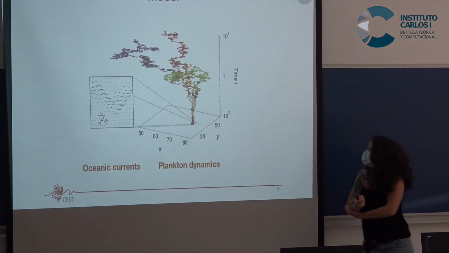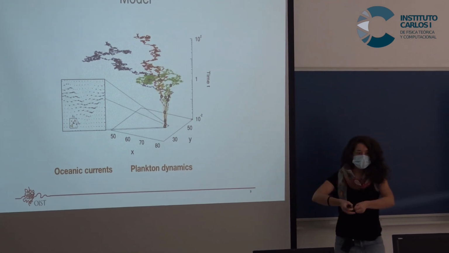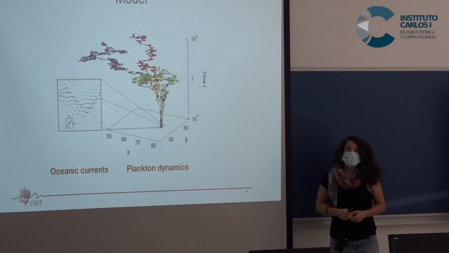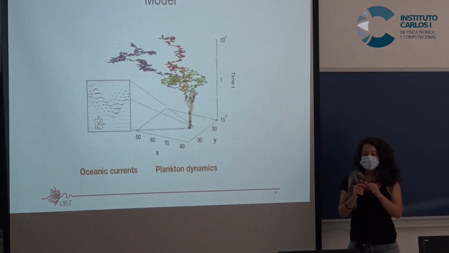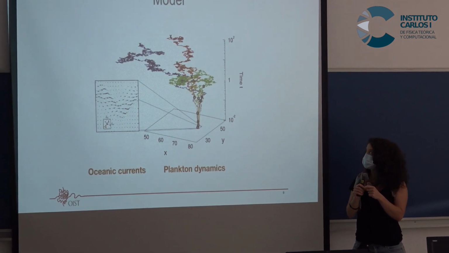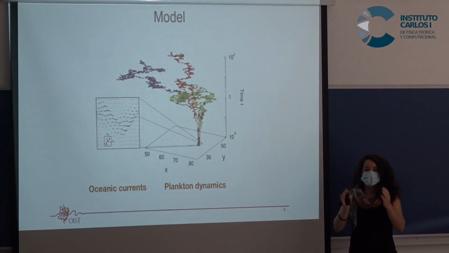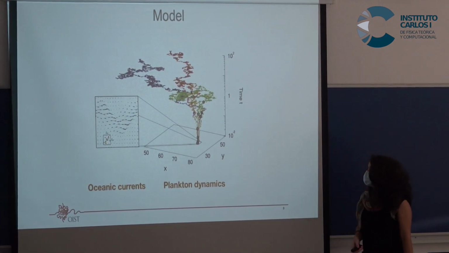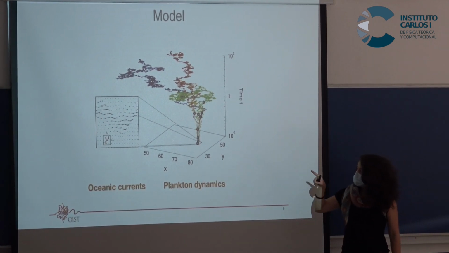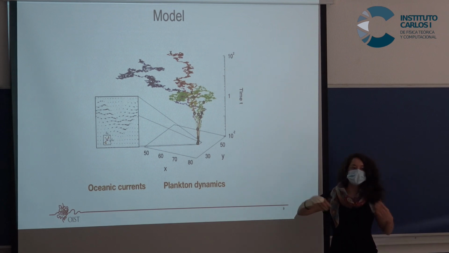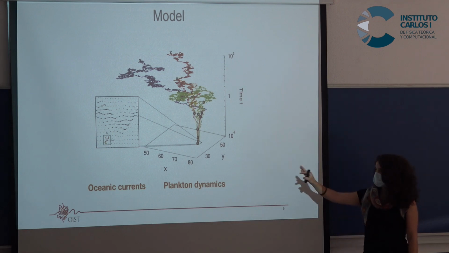From this, we propose a model in which we have the plankton dynamics based on neutral theory, so that no individual is better than another. Each species doesn't have a better fitness than the other. Everyone has the same chance to die or reproduce, independent of fitness. Because what we want to focus on is the role of the currents, not the role of the dynamics. So we wanted to keep it simple, to see the effect of the currents here.